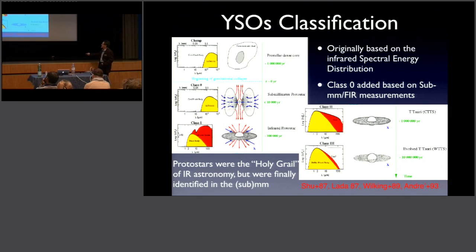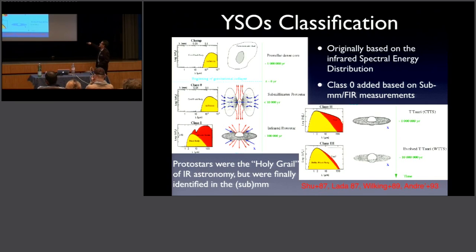If you have a complete census of the stellar population of a molecular cloud, which is not easy sometimes, you can also get the statistics of the pure photospheres. The statistics of the earliest stage do not come from infrared surveys; those come from millimeter surveys, because these are not observable in the infrared.